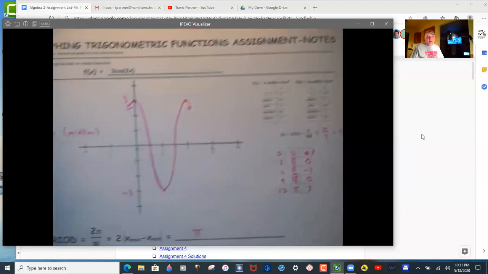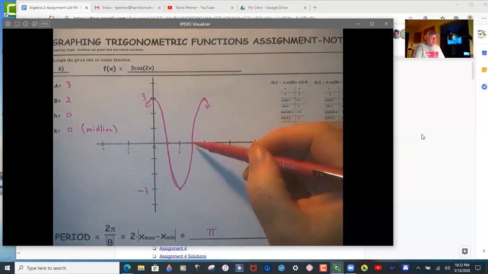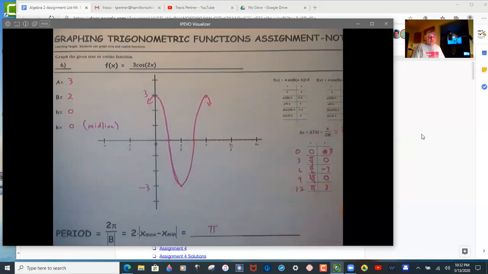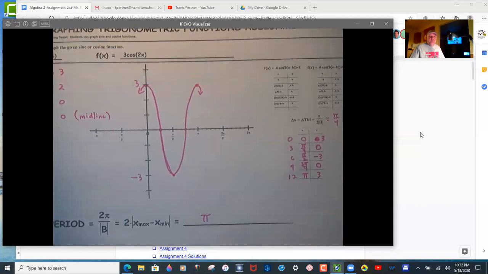Even though you're not graphing the whole parabola, if you think that way, you have to curve it, the curvature changes. So that midline is called an inflection line, where the graph inflects over into the opposite curvature. So you got to try to do that in each graph. So you have 6 to do for your assignment.